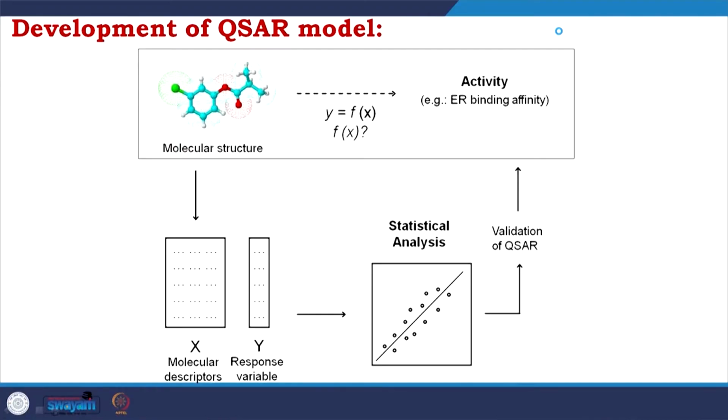You have the molecular structure, you have the relation of y equal to f(x), you have to set f(x), you know the activity, right. There is a structure and you know its binding activity.